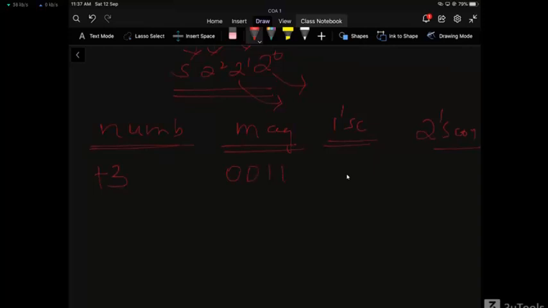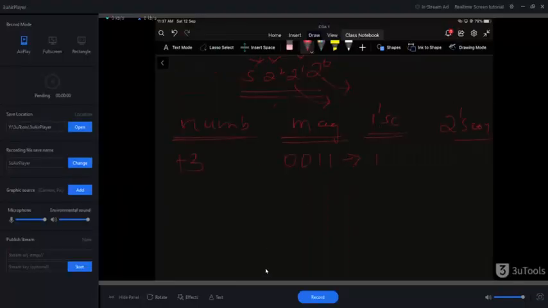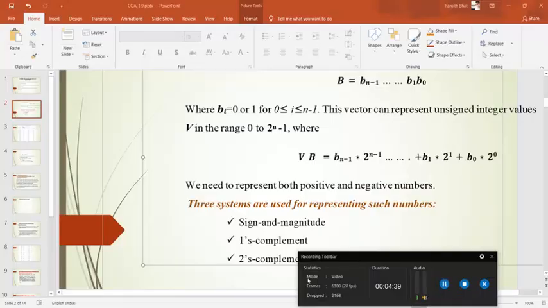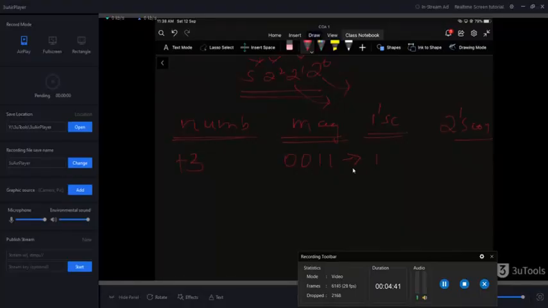The 1's complement notation of this particular number can be represented as itself, because it is a positive number. The 2's complement also can be represented as itself.